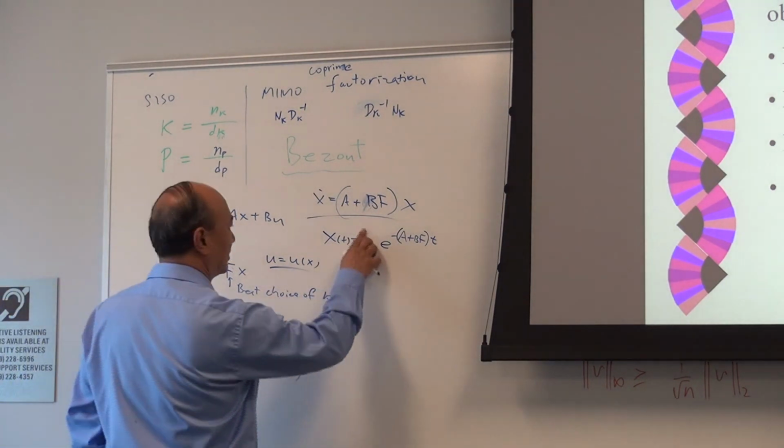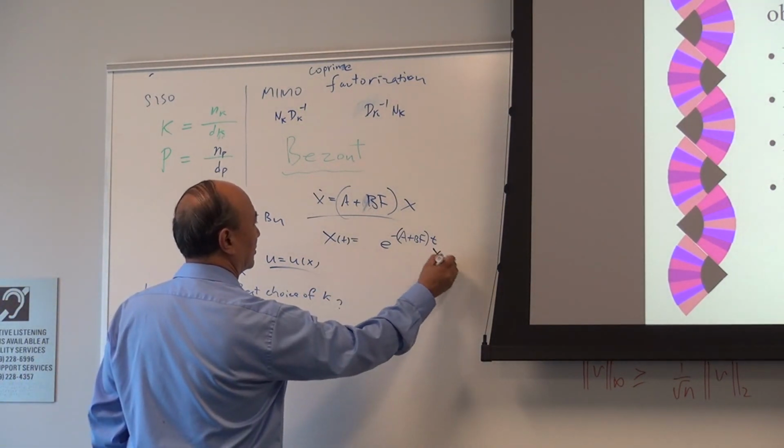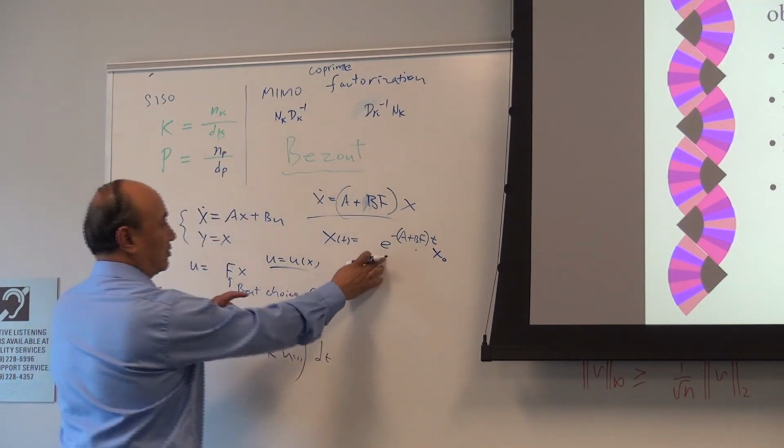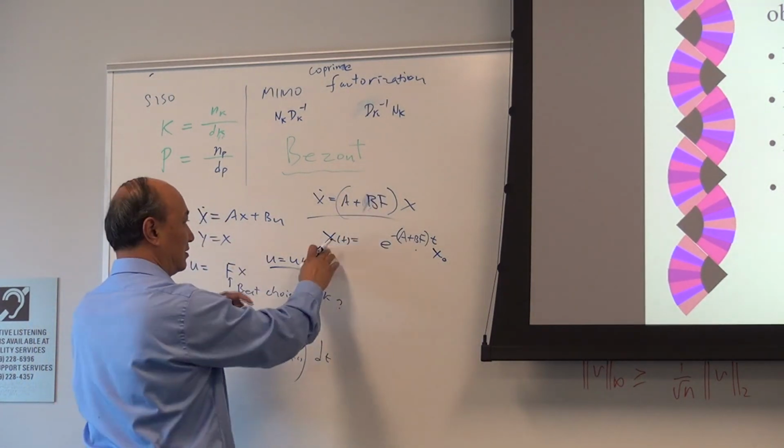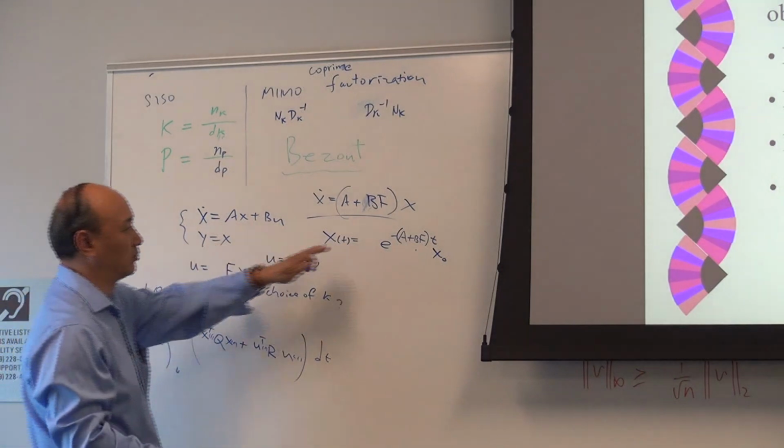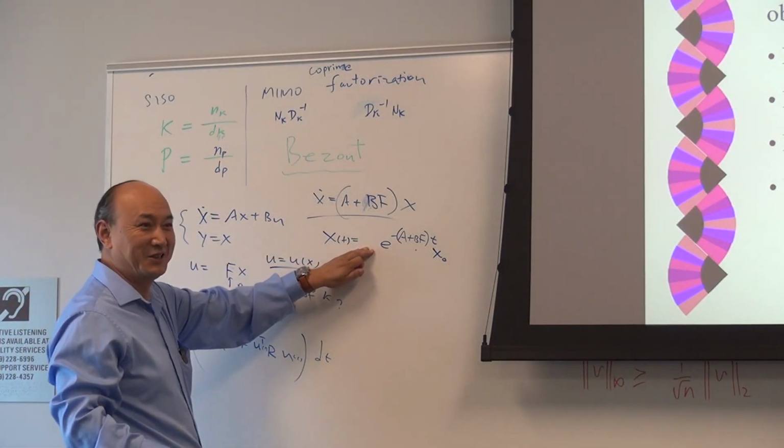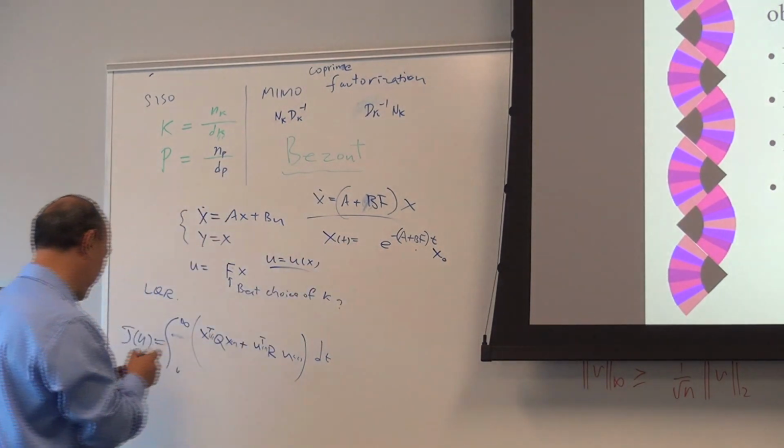I should be accurate: x0 should be here, since this is a matrix and this is a vector. I cannot put a vector in front. So in the MIMO case, be careful.